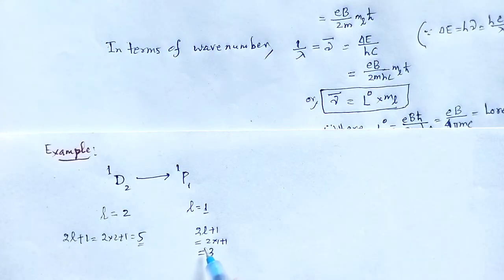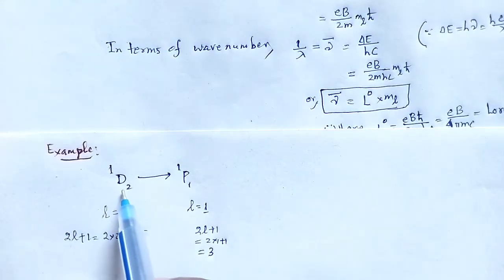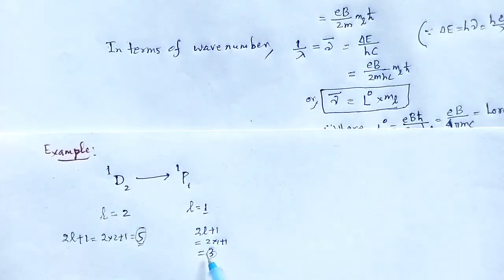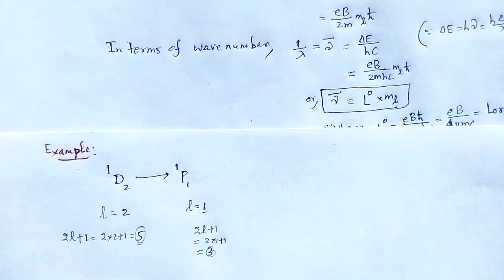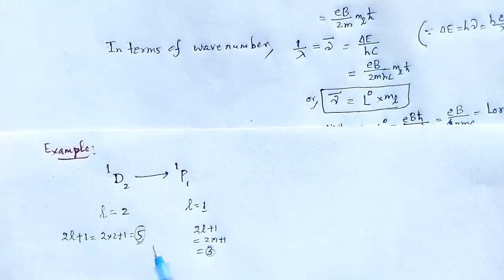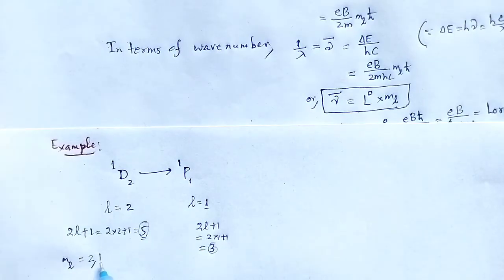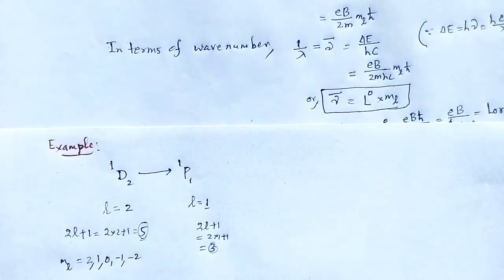That level splits into 5 and that splits into 3, and the values of ml here are 2, 1, 0, -1, -2, 5 allowed values.